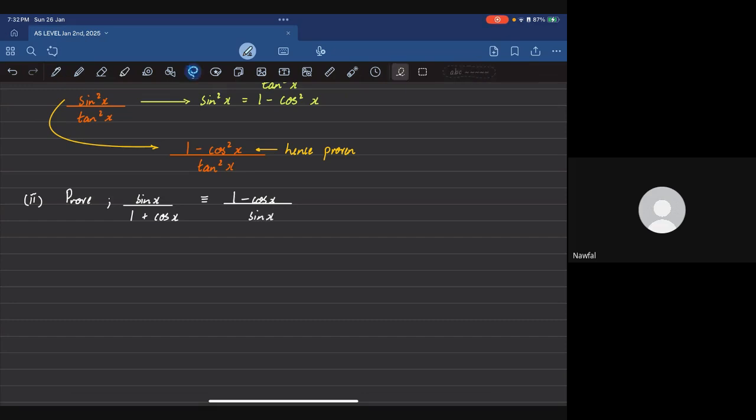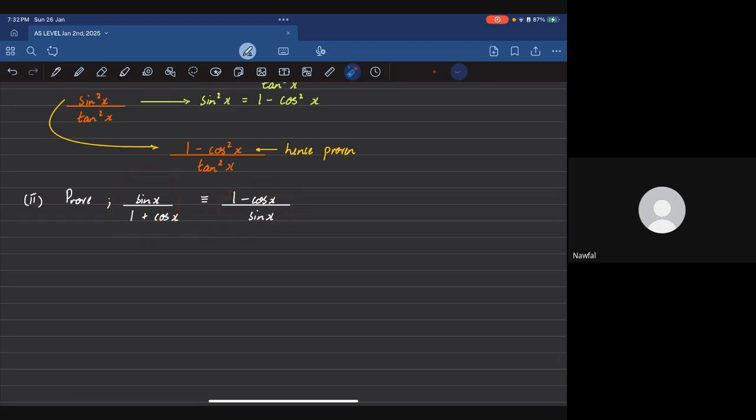Now, over here, a bit of thinking is required as to which side you should use. The reason why I can think of using this side rather than this side is because in my mind I can convert this to this.